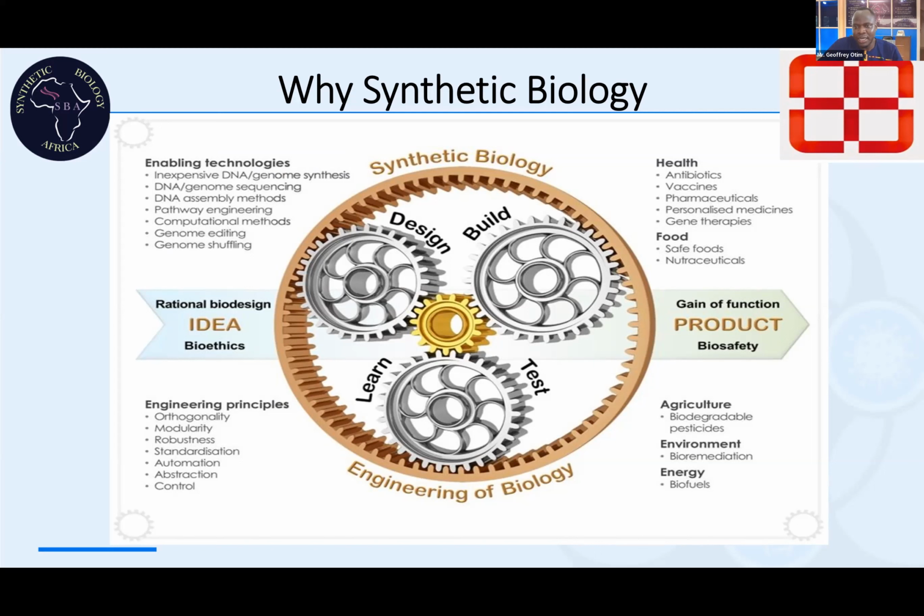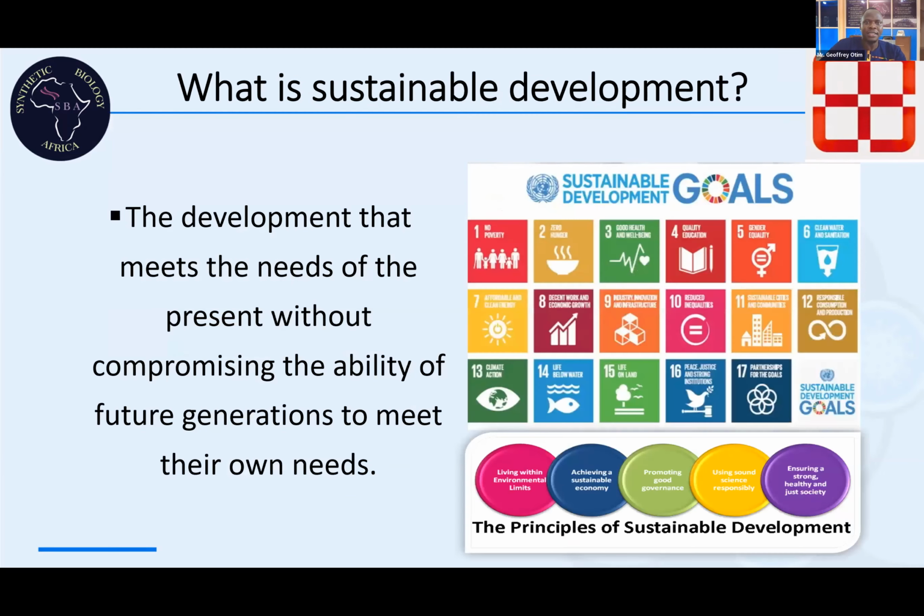In the environmental aspect also, it can be used in bioremediation, and in the area of energy, we can use it to produce biofuels using the available agricultural biomass that is everywhere. Like in the African context, we have biomass everywhere.